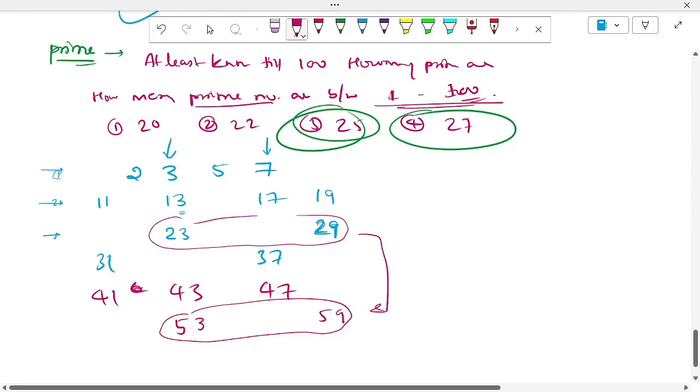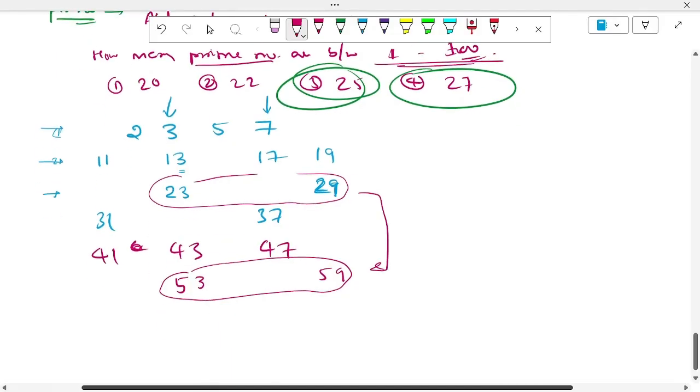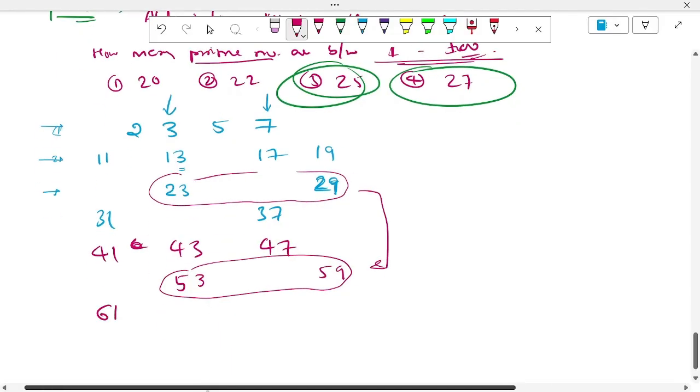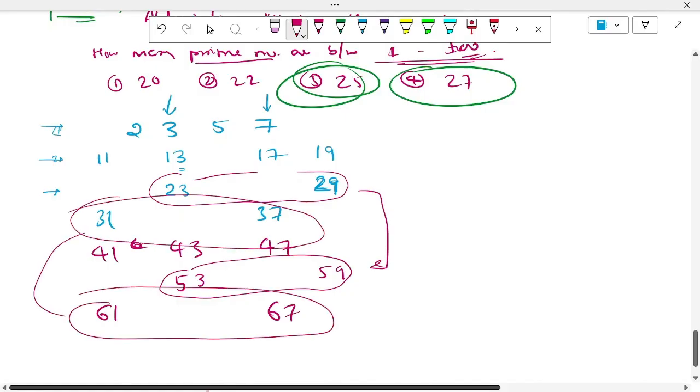And then next 61 and 67, these two are similar. And then next 71, 73 and 79, these both are almost similar except this number and this number.